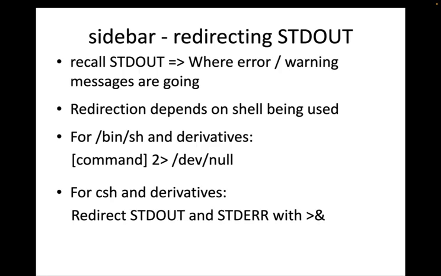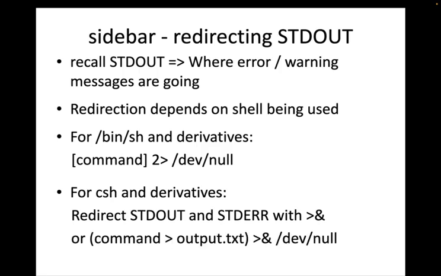You can redirect them with >&. Or if you just want to do a standard out, you can say, I have a command, I want to redirect standard out to output.txt, and I want to redirect standard error to /dev/null, which again, sending something to /dev/null is basically ignoring it or throwing it away.